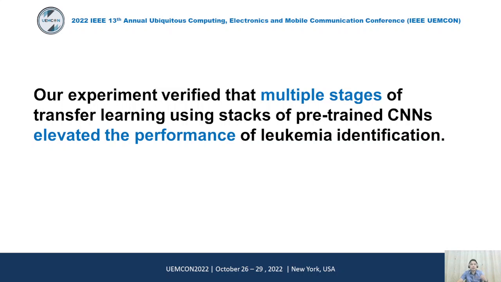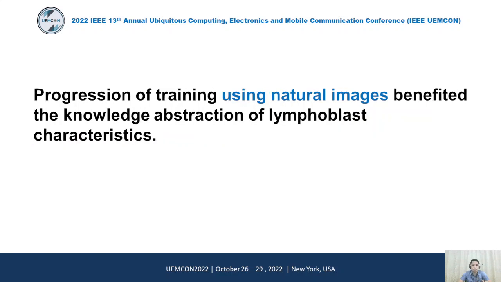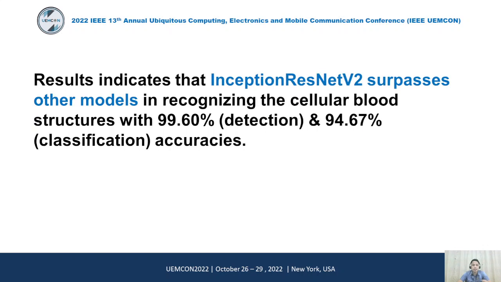Our experiment verified that multiple stages of transfer learning using multiple stacks of pre-trained CNNs elevated the performance of leukemia identification. The progression of training using natural images benefited the knowledge abstraction of the lymphoblast characteristics.